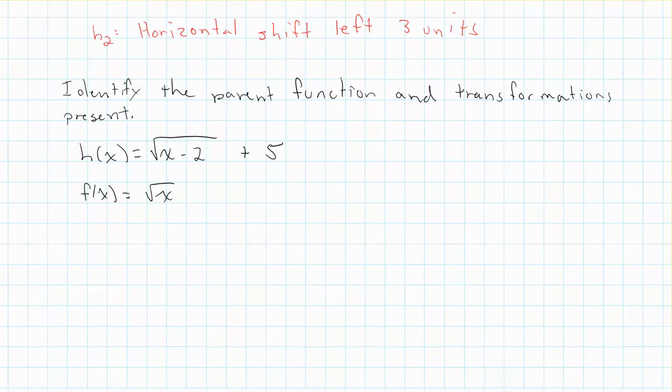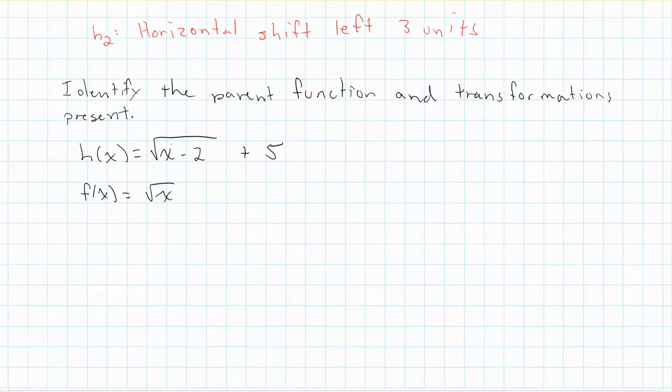Well, remembering what we just talked about, if we add or subtract a number first, then do a parent function, that's a horizontal transformation. If we do the parent function first and then add a number, that's a vertical transformation. So let's first look at here this minus 2.